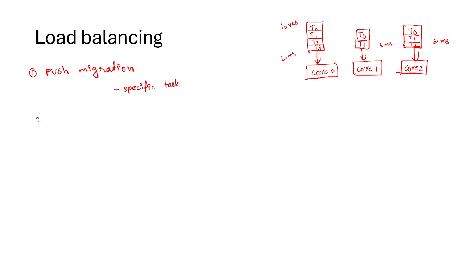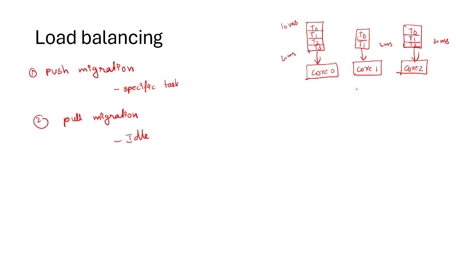The second one is pull migration. Here in pull migration, the idle processor itself pulls the threads from the highly loaded core to itself. For example, after 20 milliseconds, core 1 will become idle.